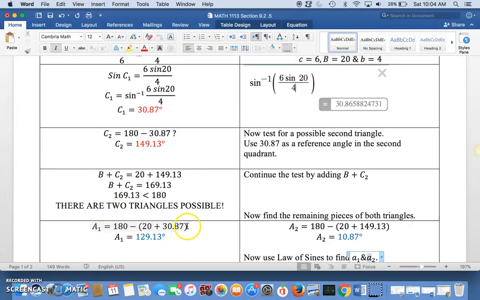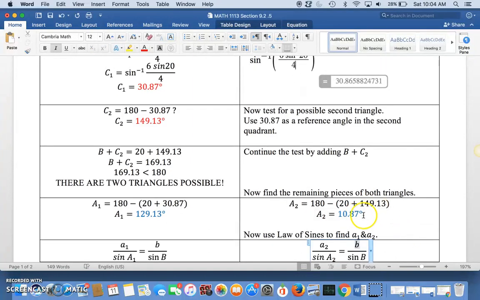You found angle C1 to be 30.87, so you find angle A1 is 129.13. Then you find angle A for the second triangle. You do the arithmetic, add the angle that you knew plus the angle you found, and subtract it from 180, and you get 10.87. So now the only thing left is the sides a1 and a2.